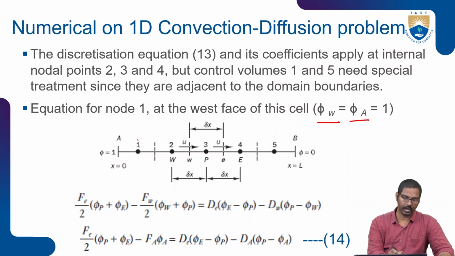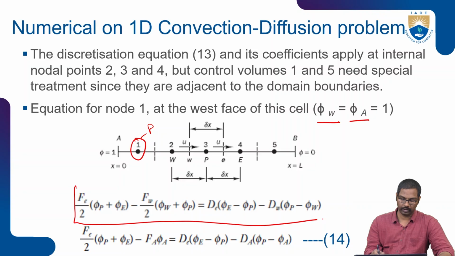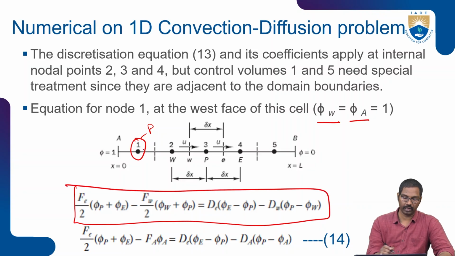Here node 1 is considered as P, and this is the actual discretized equation, which we are applying for point 1. It has the east cell, so φE is as it is, but it does not have the left cell, so it is taken as Fa φA, and φE − φP minus, in place of dW, it is taken as dA (φP − φA).